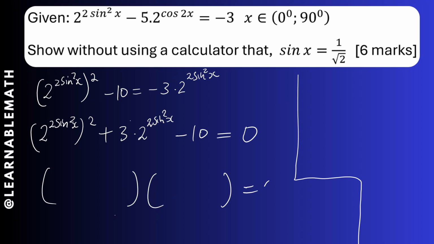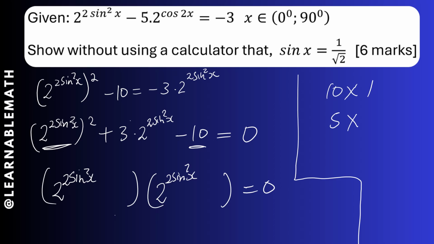So if you open two brackets, obviously this is squared, it will be 2 exponent 2 sine squared x and 2 exponent 2 sine squared x, so that this times this will give you that squared. Okay, so factors of 10, we have 10 times 1, we also have 5 times 2.